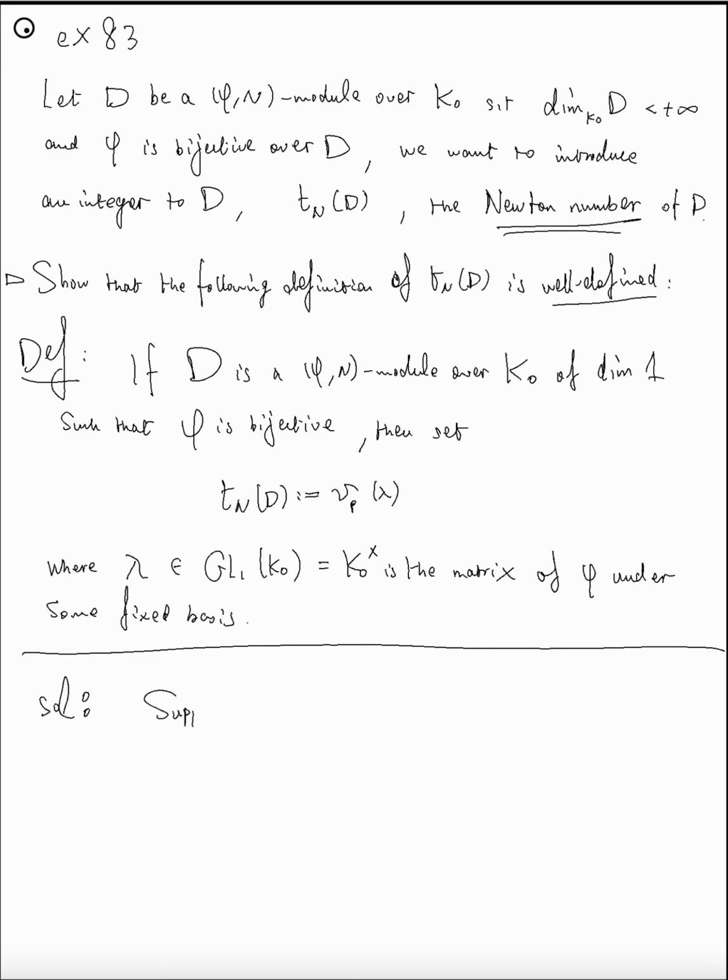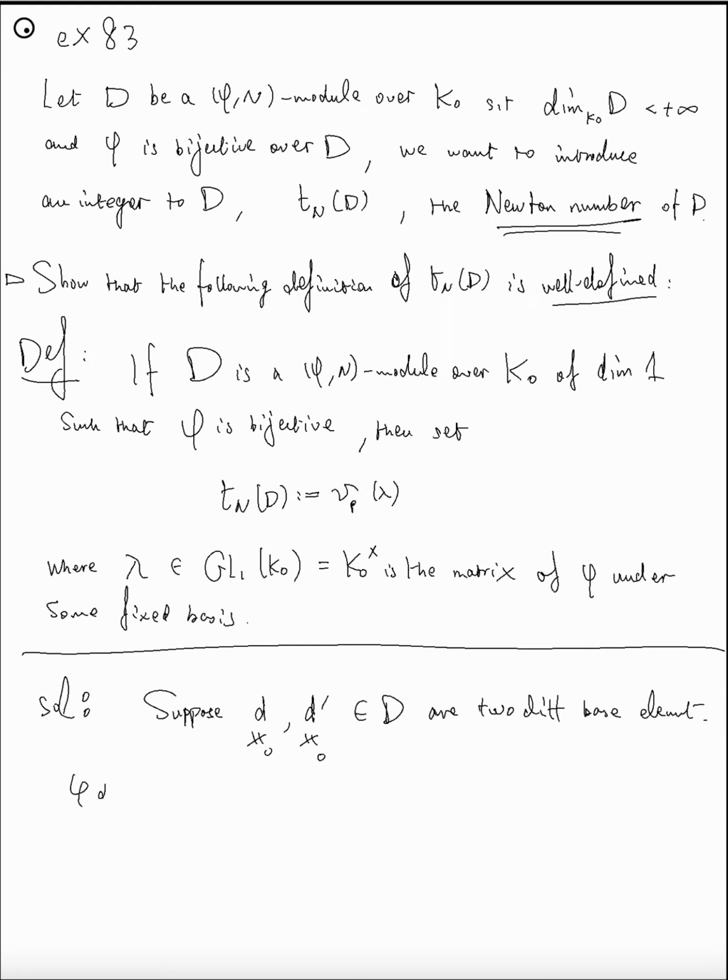So suppose we have another different basis. Let's say D and D prime are two different base elements, which means non-zero.